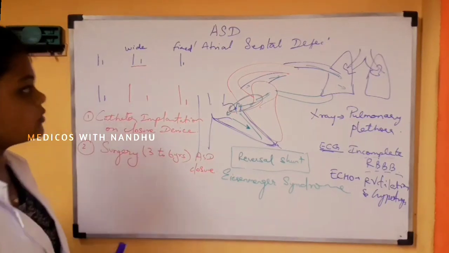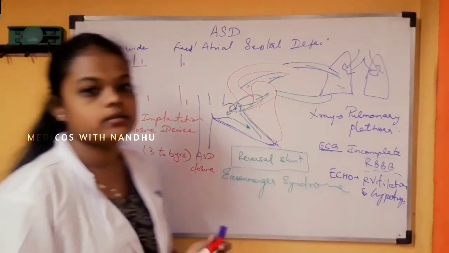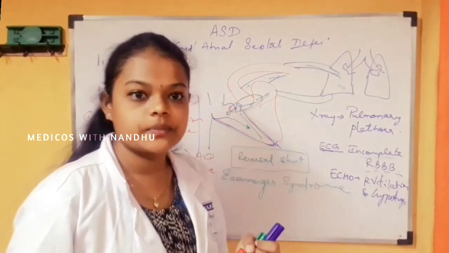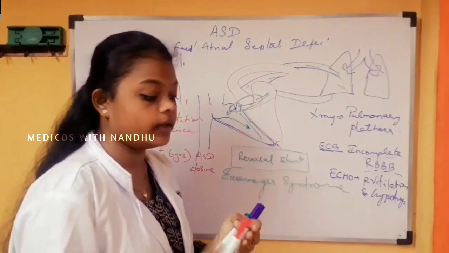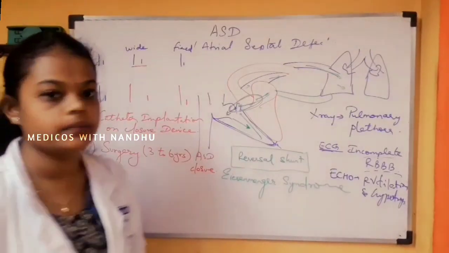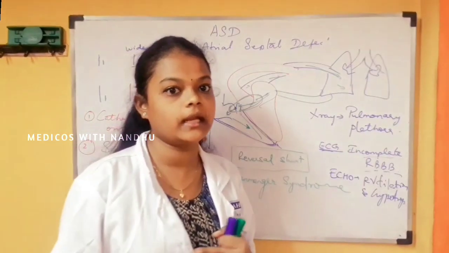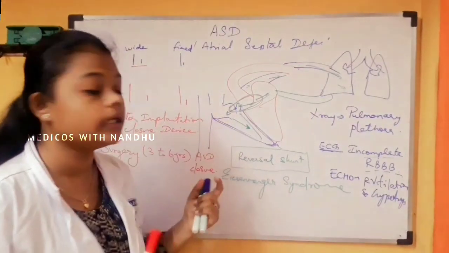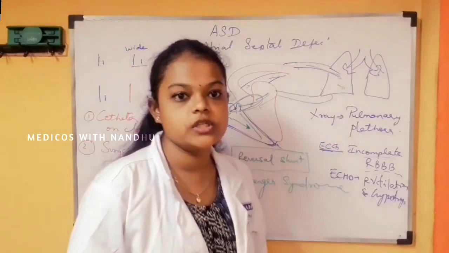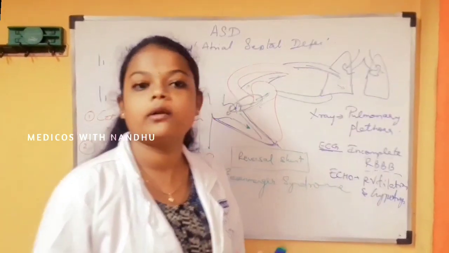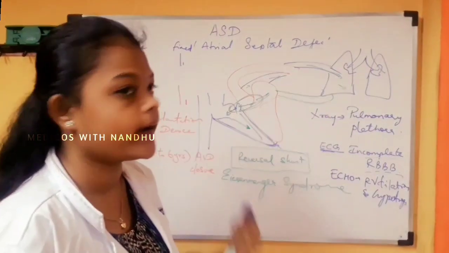Okay, so this is what ASD means. We covered the definition and the types, the peculiarities between ostium primum and ostium secundum, and we have seen the pathophysiology as well as symptoms, signs, diagnosis, and lastly management.